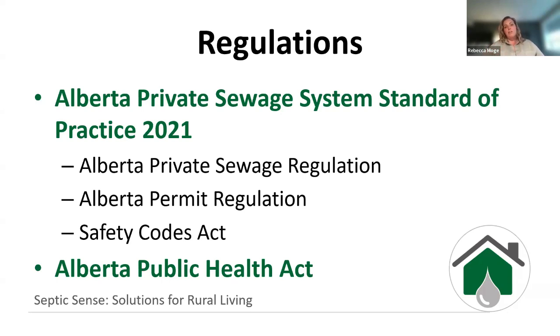So if I'm adding to my electrical system, adding some outlets, adding a new bathroom, I need a permit. And for private sewage here tonight, if we're replacing our septic tank, we require a permit for that. So those are what's laid out in the permit regulation. It sets those parameters as to when do I need a permit and who can take one out.